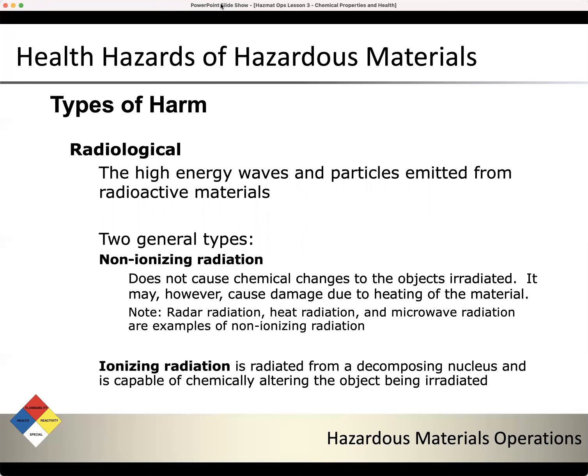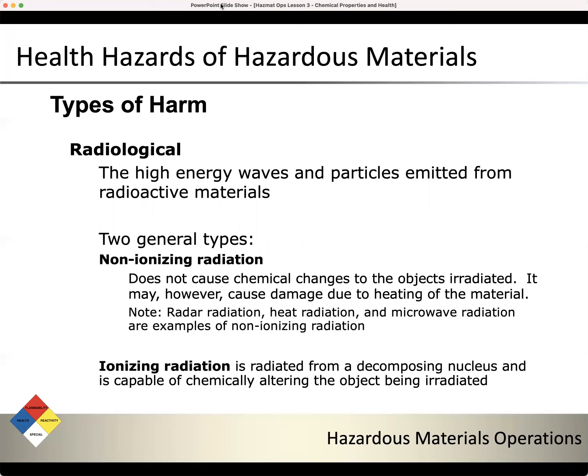So radar, heat radiation, microwave radiation, your portable radio used in the fire department, the radio transmitter that sends radio signals to your vehicle. Those are types of non-ionizing radiation.